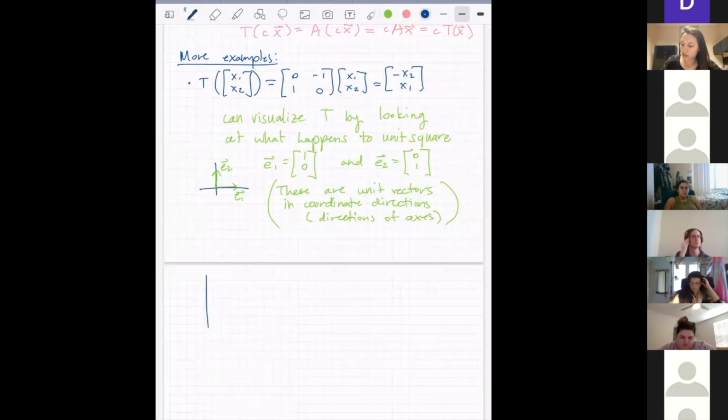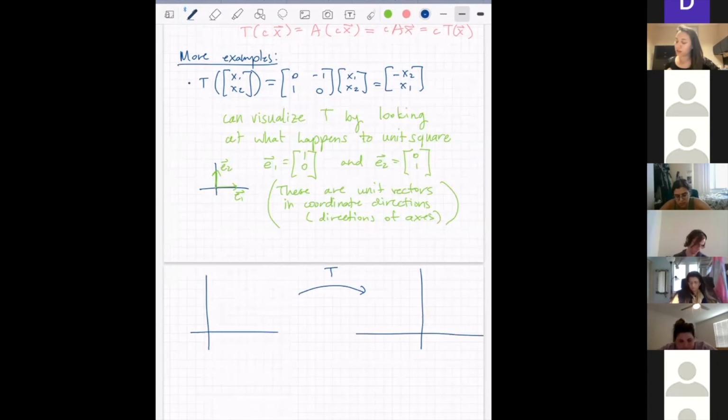Our transformation goes from R2 to R2, right? I actually need a little bit more space, so here we go. And so let's say we have 1, 1 right here. Our unit vectors, E1 is right here, E2 is right here, and we're just looking at where those two vectors end up. So we can just compute that.